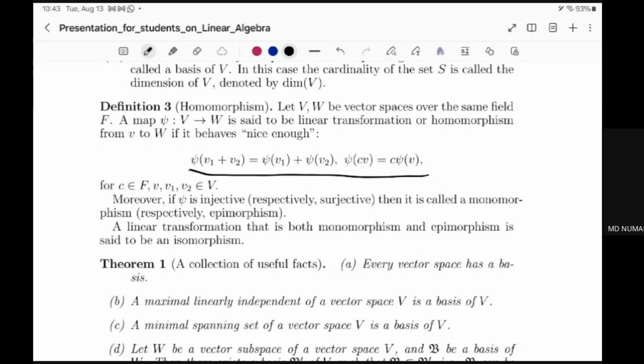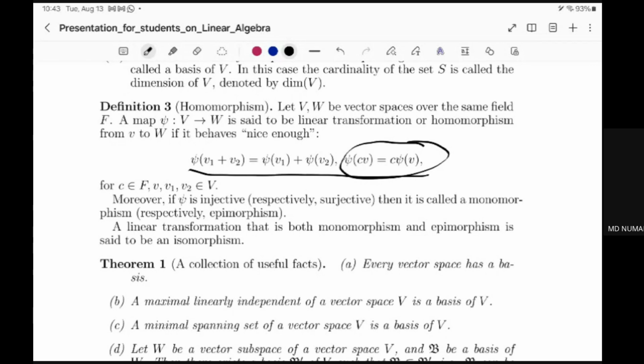And the same thing, it behaves nicely with respect to scalar multiplication. These are the things we want a homomorphism to satisfy, and that is why we define the homomorphism to act that way. Now, this is the category. If you don't know about categories, then forget that I said that word. There are actually different kinds of categories.